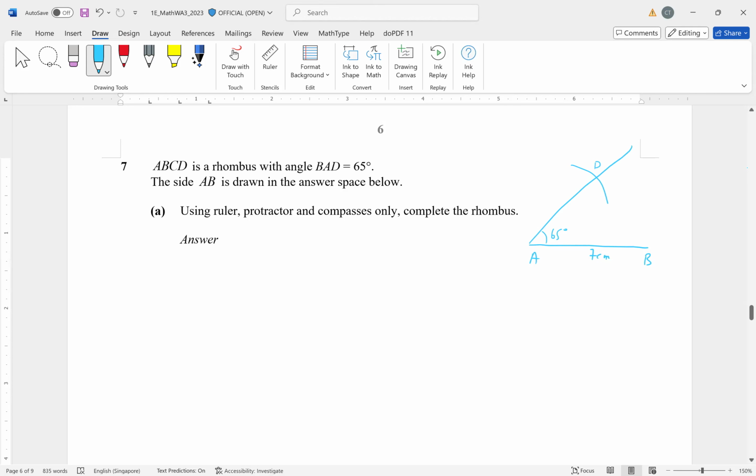Then from here it's very easy because all four sides of a rhombus have the same length. So from B, you make another mark here. Then from D, same thing, 7 cm, you make another mark here. Then you can draw your rhombus already. So this is how it works. The rough diagram will be something like this.